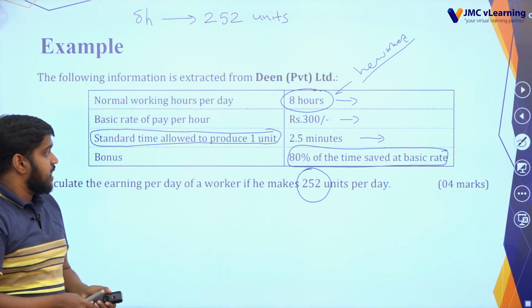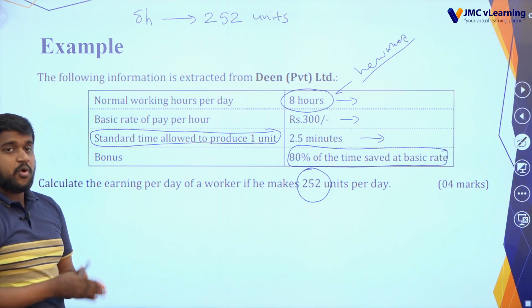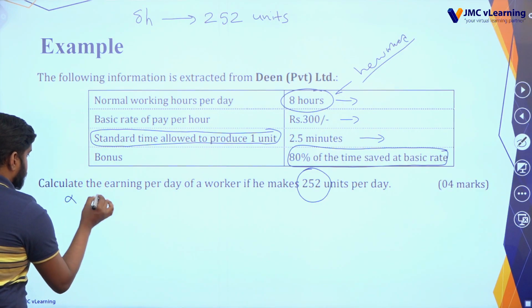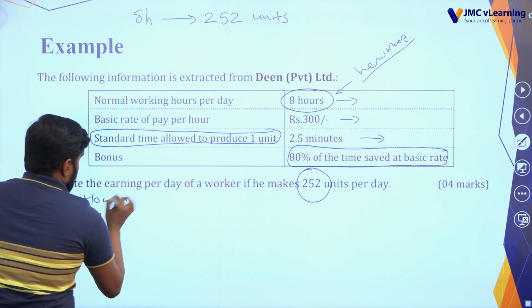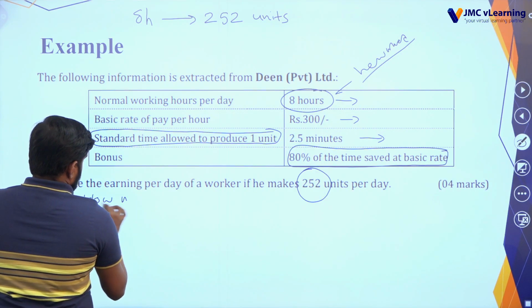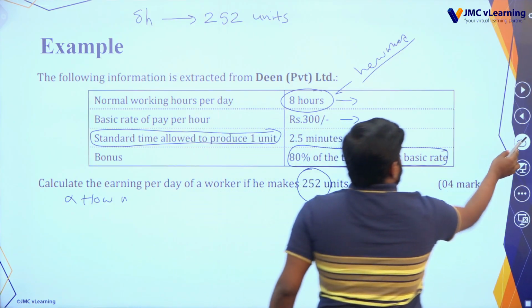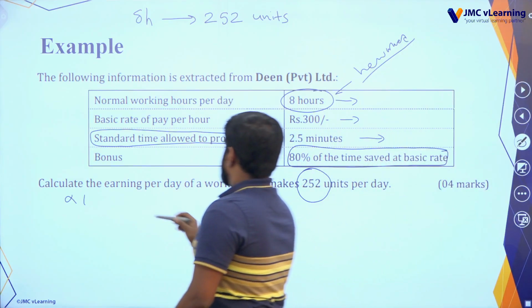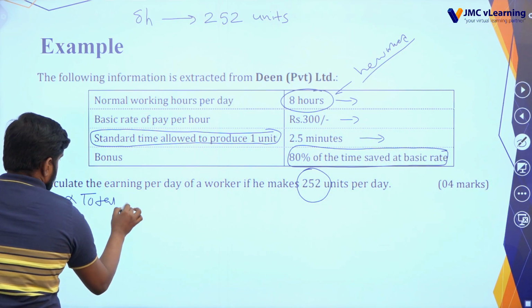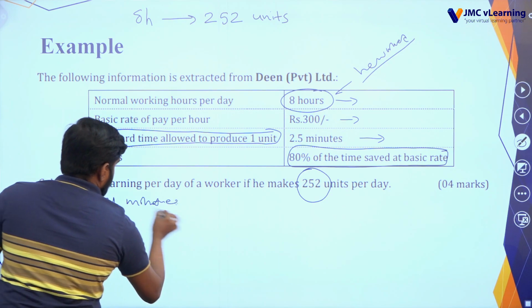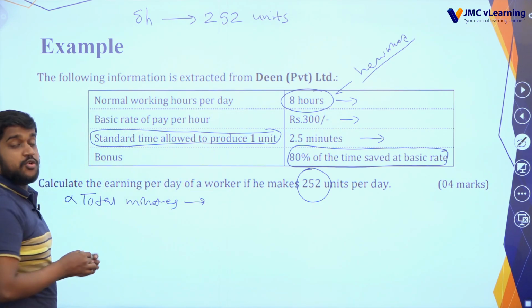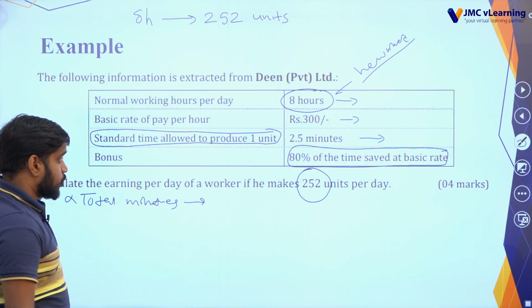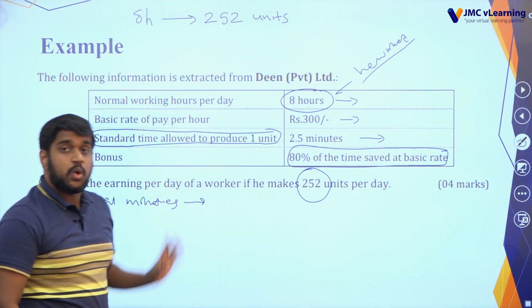Let's see how much time the employee should allocate to produce these 250 units. First we need to get the total minutes needed.